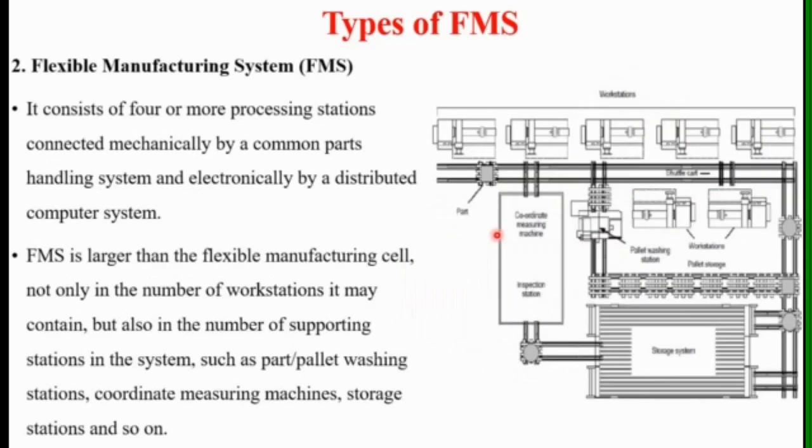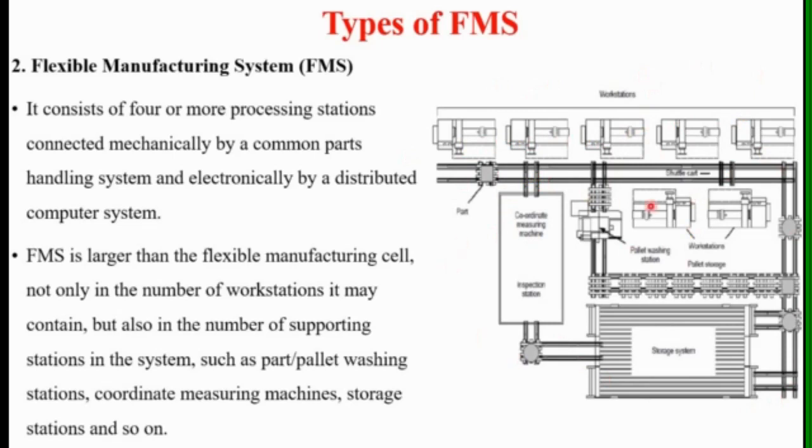Okay, then the third one is called the flexible manufacturing system, FMS. It consists of four or more processing stations connected mechanically by a common parts handling system and electronically by a distributed computer system. So here in this layout we can see these are the different workstations on which the various operations are performed, and this is the material handling system.